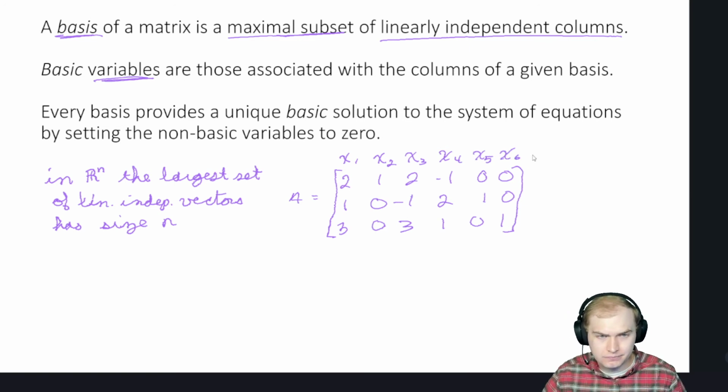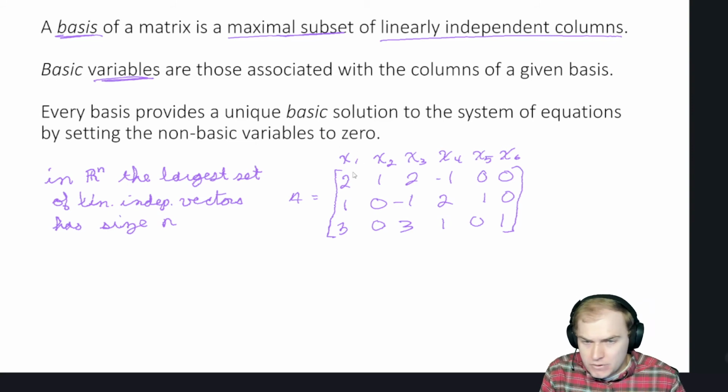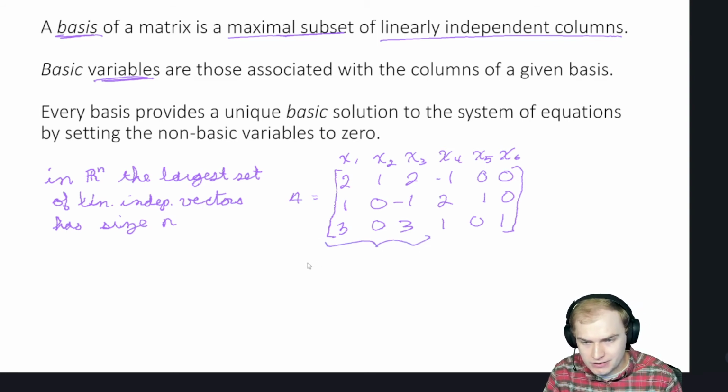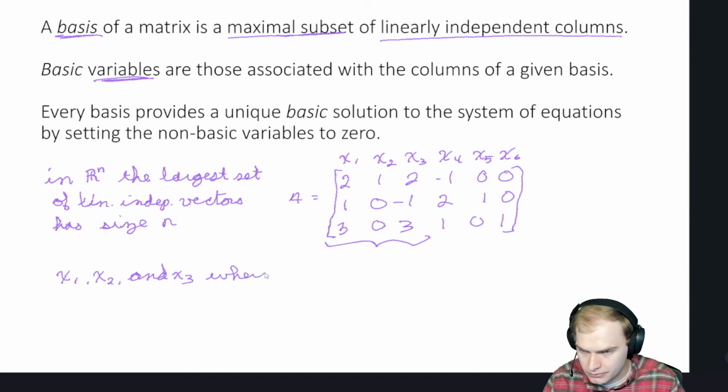That's all of them. So the basis we picked for the first one was just the first 3 columns, which means that our basic variables were x1, x2, and x3.